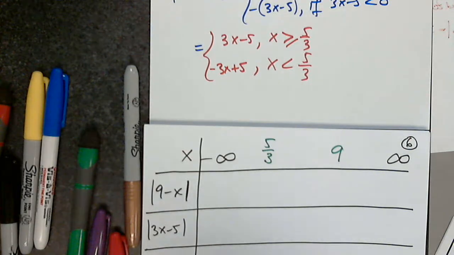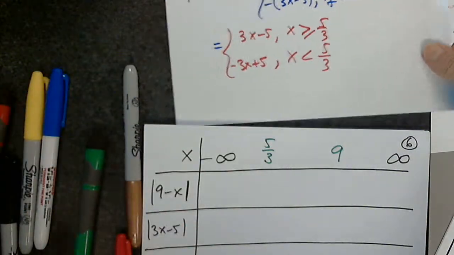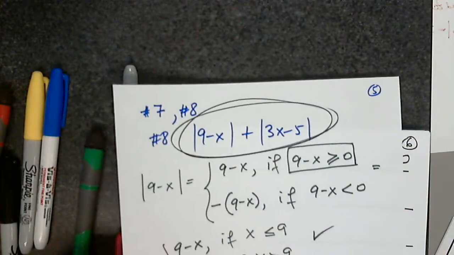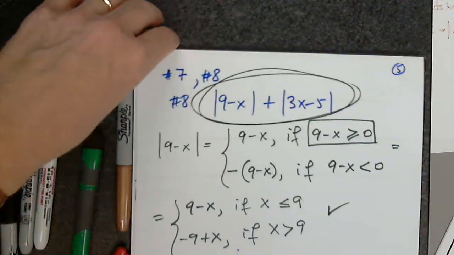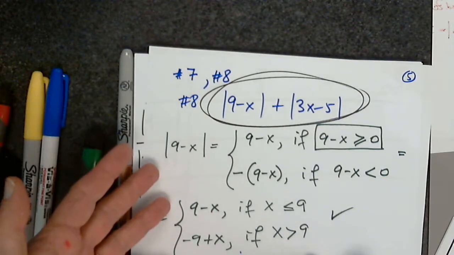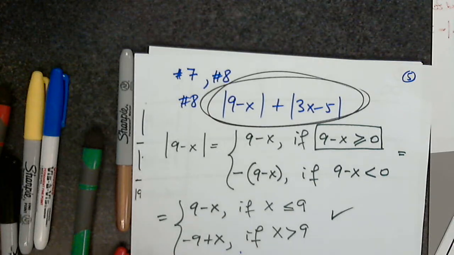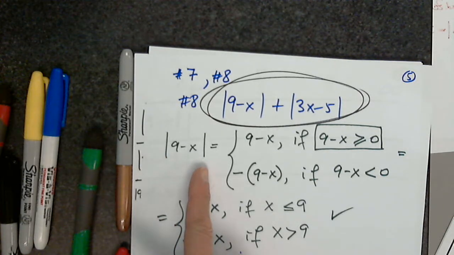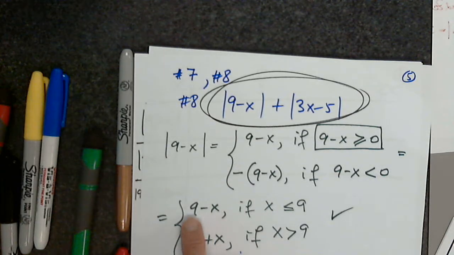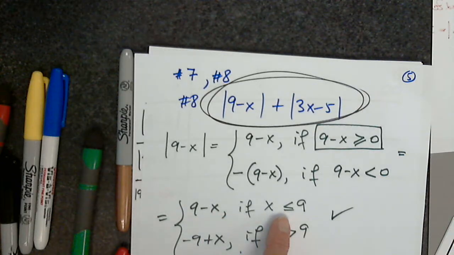Nope. Hold on. Good. So now I'm going back and trying to make sense of this. So here's how I make sense of this information. So listen to what I have to say. The absolute value of 9 minus x can be replaced by 9 minus x if x is to the left of 9.